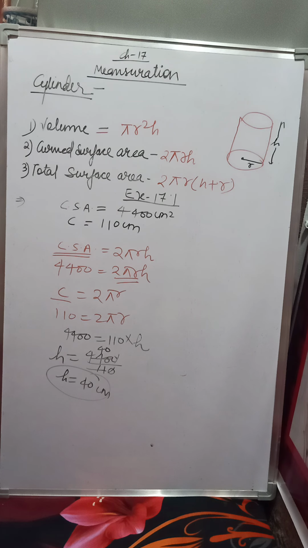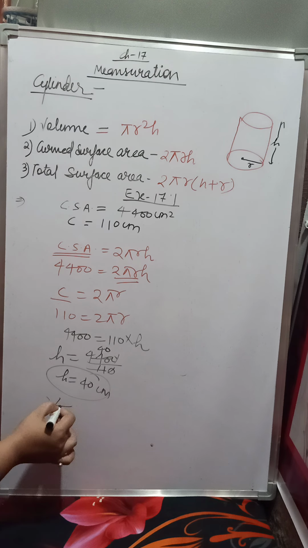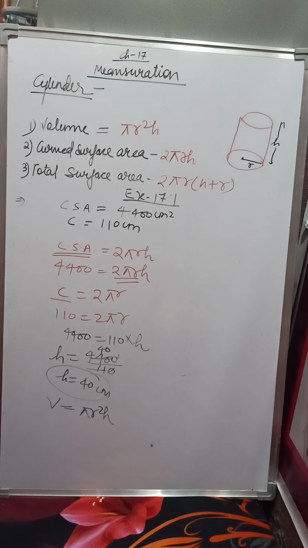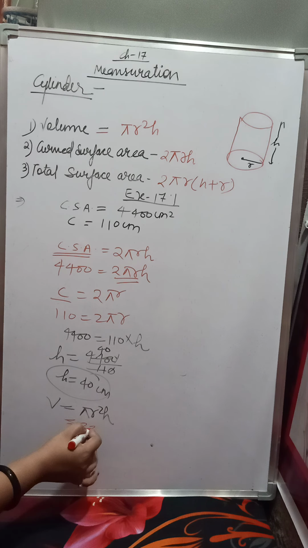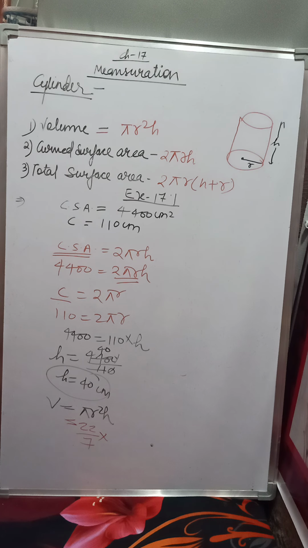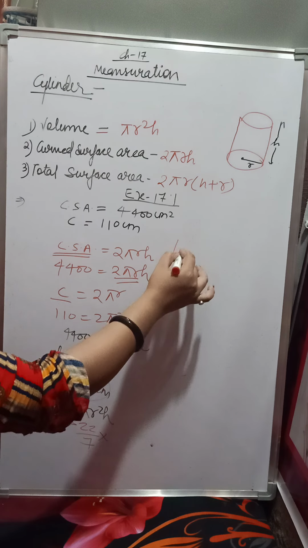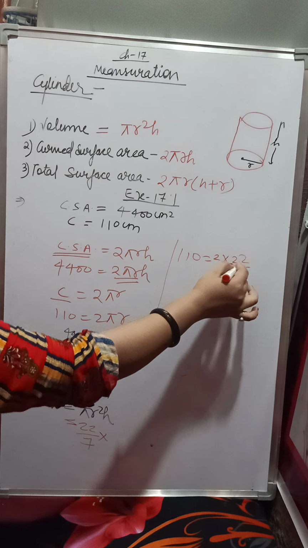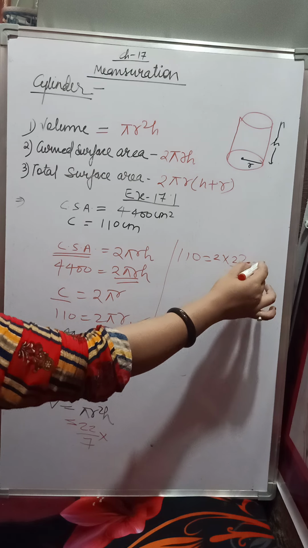In the second part, find its volume. As we all know, volume is equal to pi r square h. Put the value in place of pi, 22 by 7, in place of r. We need r also, but we do not have the value of r. So find the value of r with the help of this circumference. 110 is equal to 2 into 22 by 7 into r.